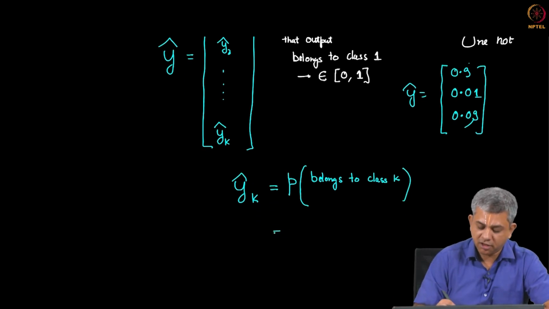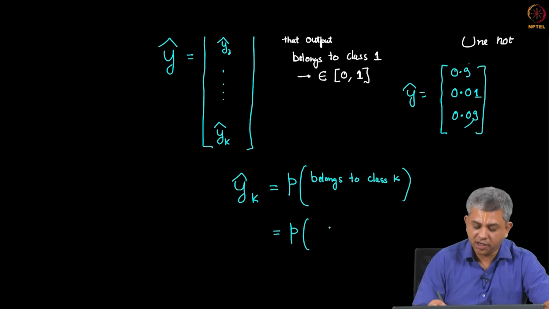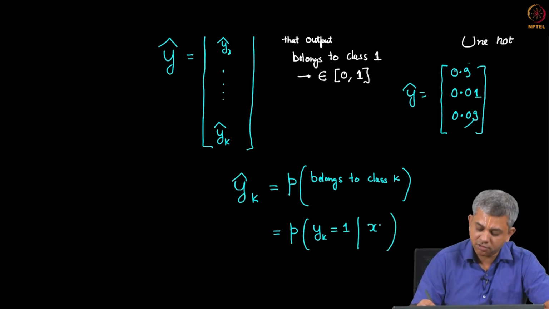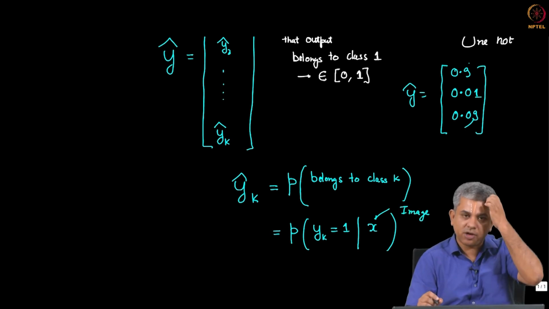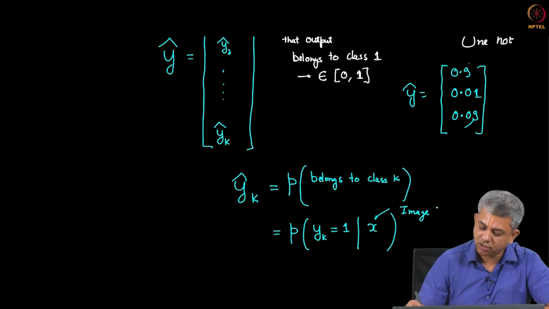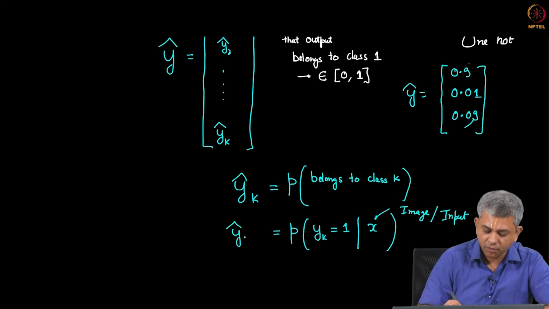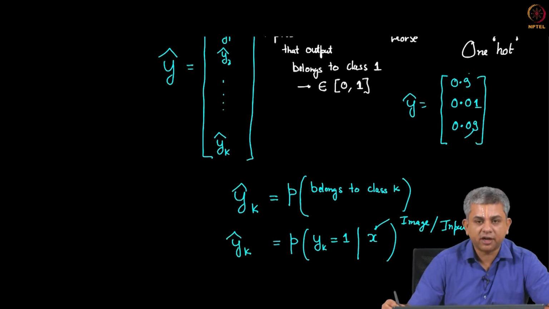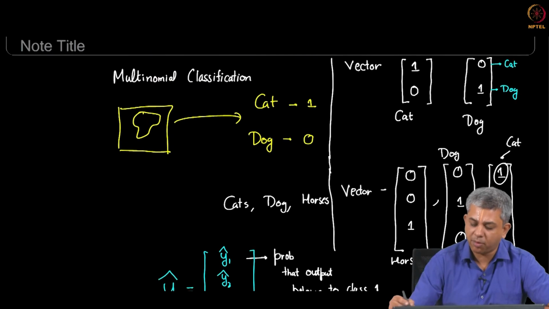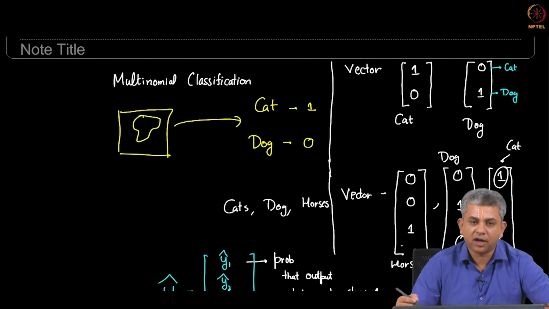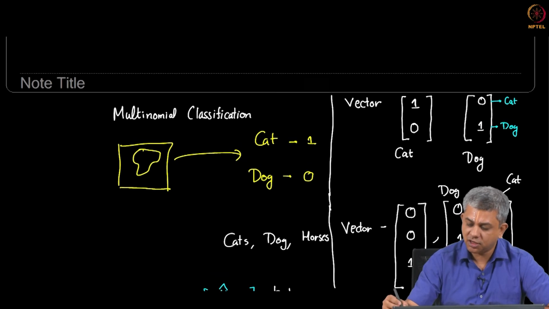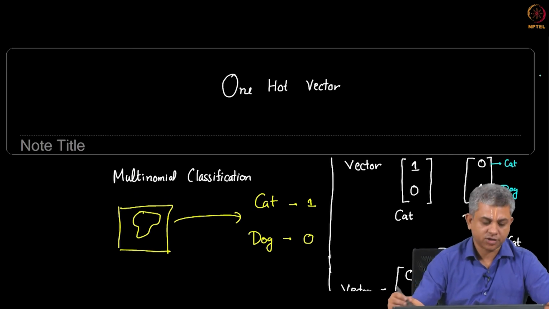More precisely, this is the probability that y k equal to 1 given whatever our input image. Okay. X here denotes the image in the example, and in general it would denote whatever input we have given. So, this is the one hot vector, and as you can see it can generalize from a binary to a k class problem. We will be using this for multinomial classification.